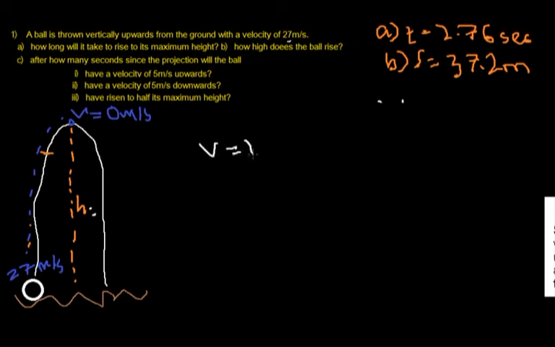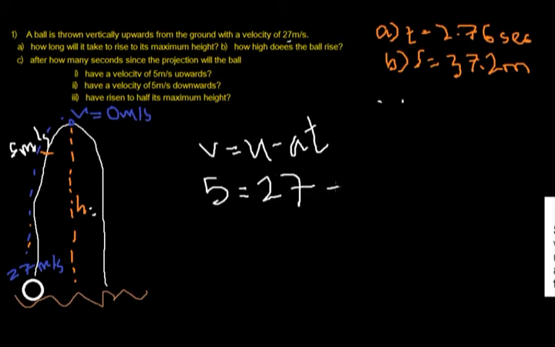V is equal to U minus AT. Our final velocity now will be 5 meters per second. So our final velocity will become 5 meters per second, and our initial velocity is 27 meters per second, minus the acceleration, which we know is 9.8 meters per second squared.